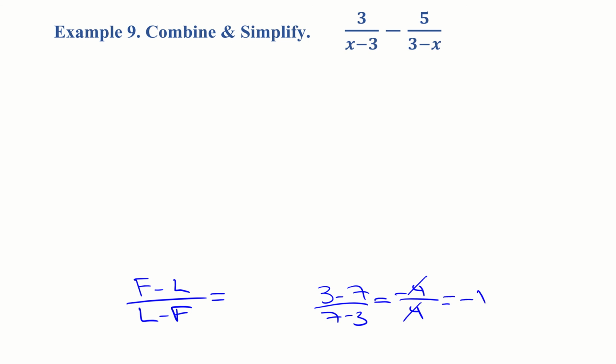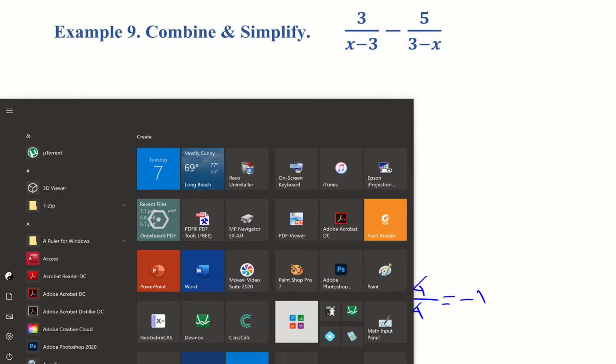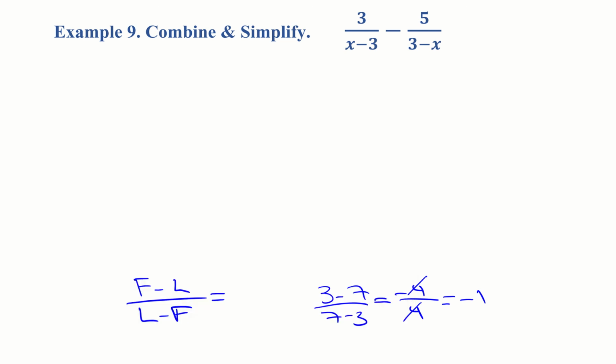They leave a negative 1. So that is always the case when you have a difference of two terms on the top and the reverse difference on the bottom. So whenever you have that scenario, you can safely cross cancel and put a negative 1. That's when it comes to what the value of that fraction is.